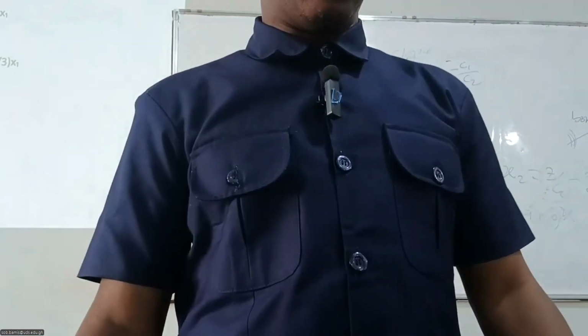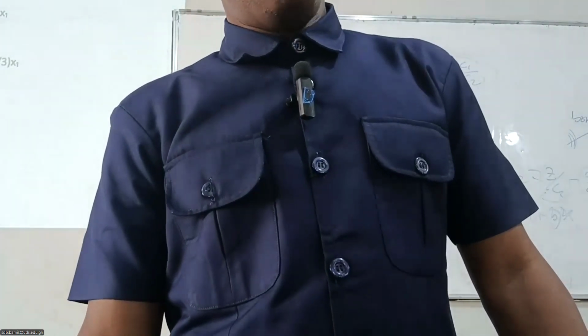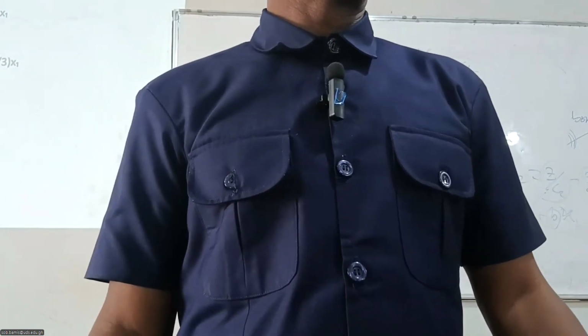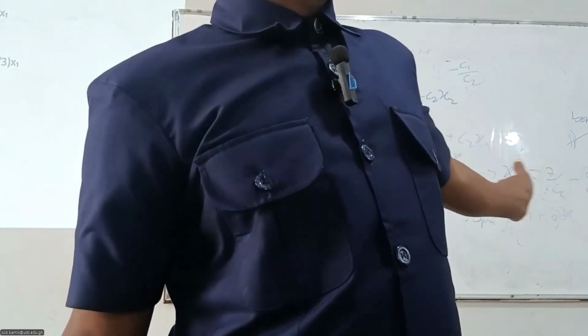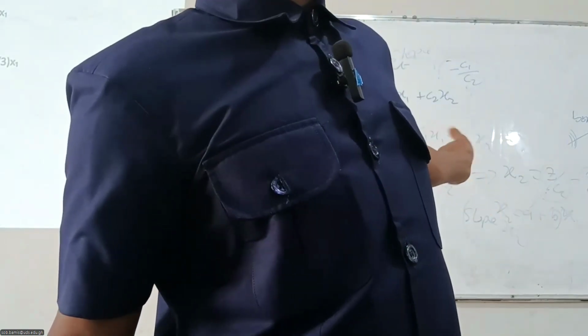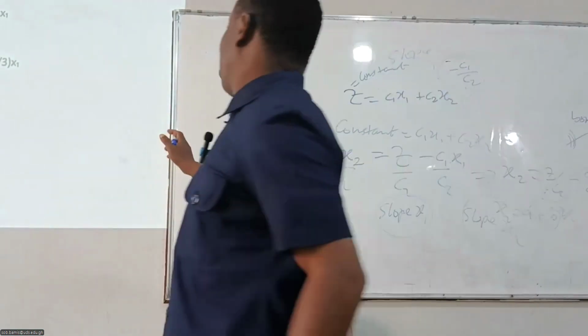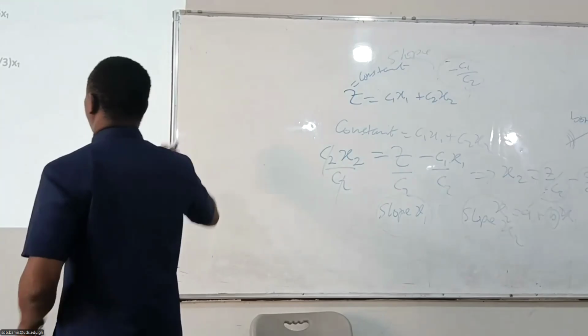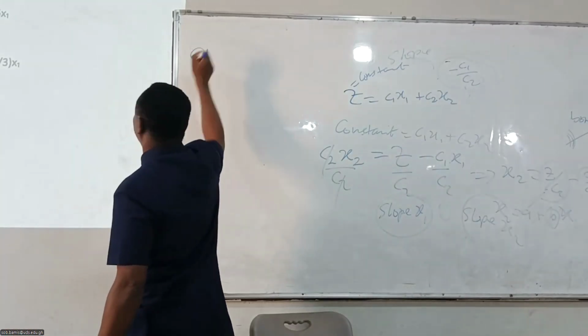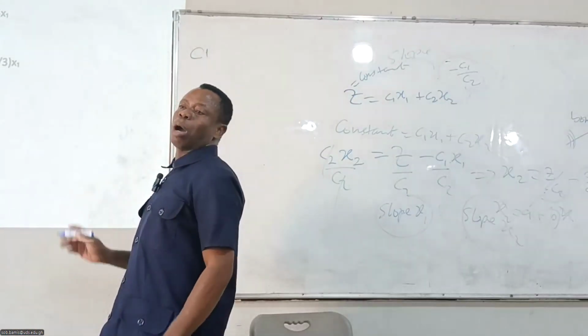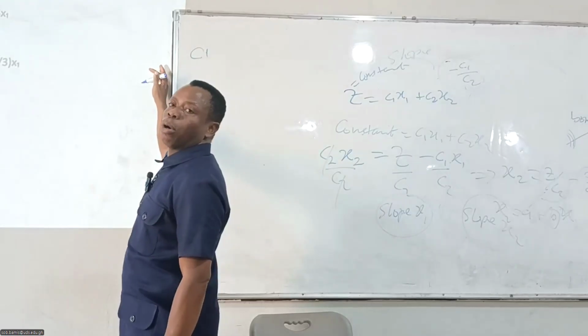So for the first constraint, we can find the slope in the same manner that we found the slope for the objective function. That's the same process we follow. The first constraint we can call constraint 1, which is the labor constraint.